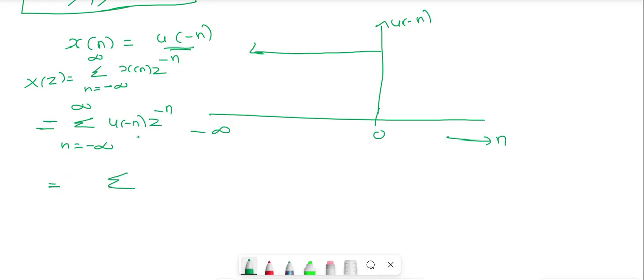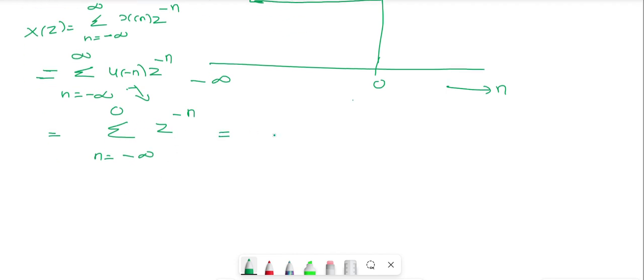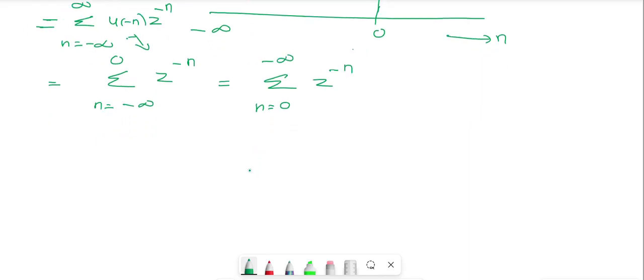Applying the limits n equal to minus infinity to 0, this term will be 1, so we have z power minus n. This can be interchanged, n equal to 0 to minus infinity z power minus n, and if you change the sign, the summation of n equal to 0 to infinity, then inside the sign will be changed, z power n.